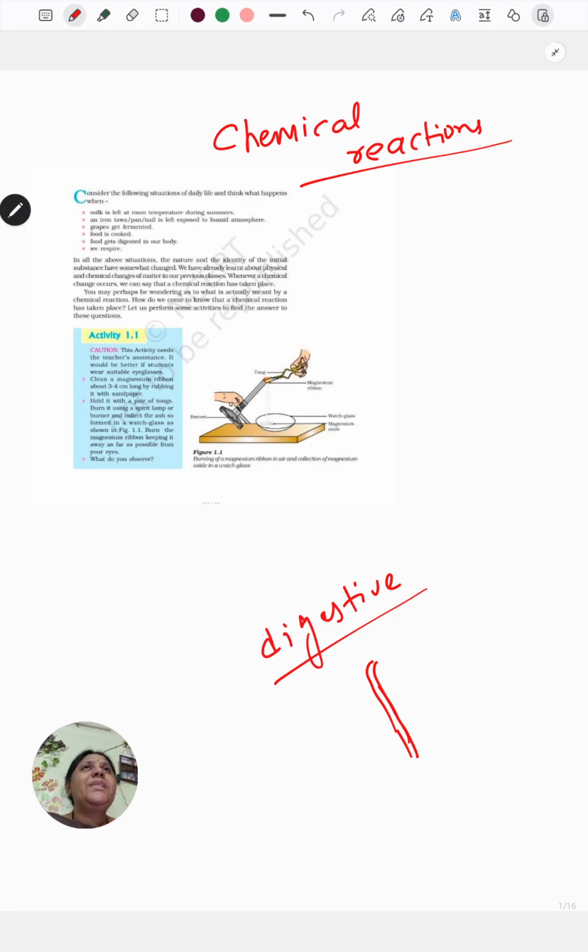So many acids and bases are added, and food is processed in the digestive system. So here also many chemical reactions happen inside our digestive system. Once those are completed, the waste is excreted by the excretory system, and the required good things are converted into energy and supplied to our body.